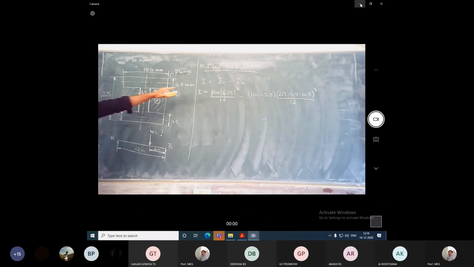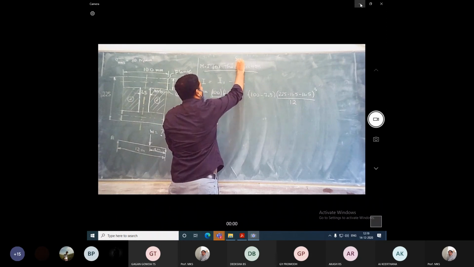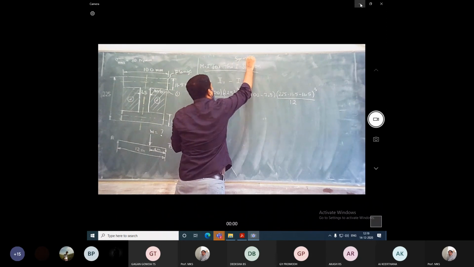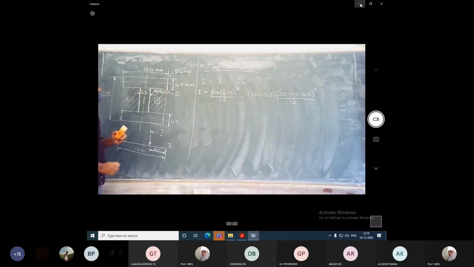That will get you the moment of inertia. This is only for a symmetric I section. If it is not symmetrical, then the method is different.